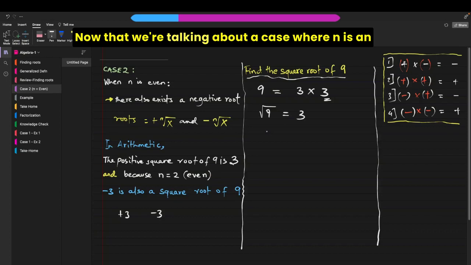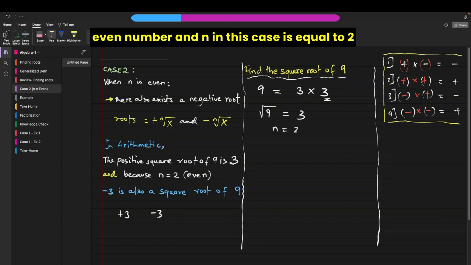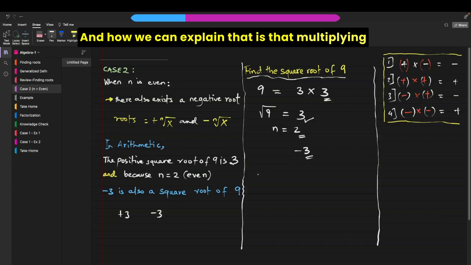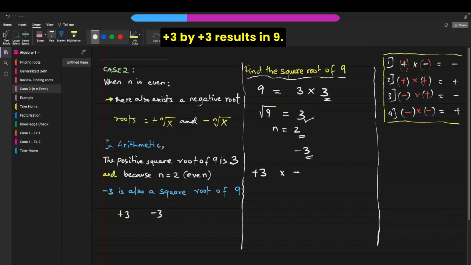Now that we're talking about a case where n is an even number, and n, in this case, is equal to 2, we're saying that in addition to having positive 3 as a root, there's also negative 3 as the other root. And how we can explain that is that multiplying positive 3 by positive 3 results in 9.